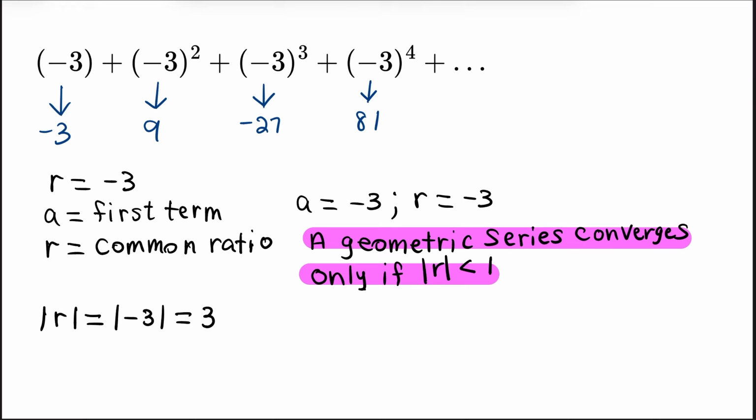Okay, now we're going to write the comparison step. So that means 3 is greater than 1. So if you're comparing the two, the absolute value of R is less than 1, the absolute value of R is equal to 3. So that's where 3 is greater than 1 comes from.